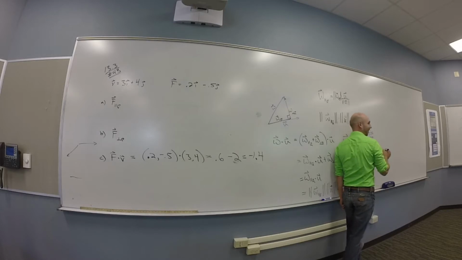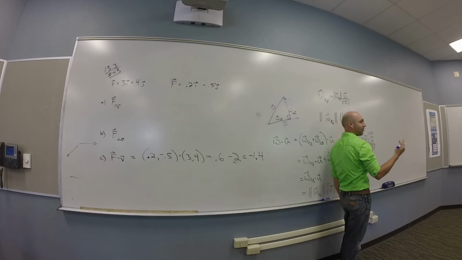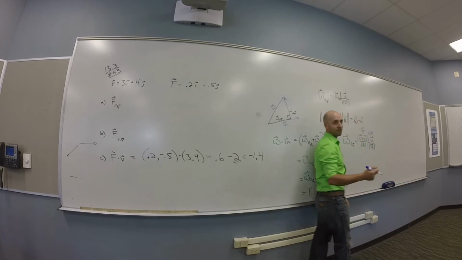You guys see why? Because all this is a dot product which outputs a scalar divided by a scalar. So this whole deal here is a scalar. And then I'm multiplying that by a vector divided by a scalar. So there's two scalar multiplications going on there. You guys all cool with that?